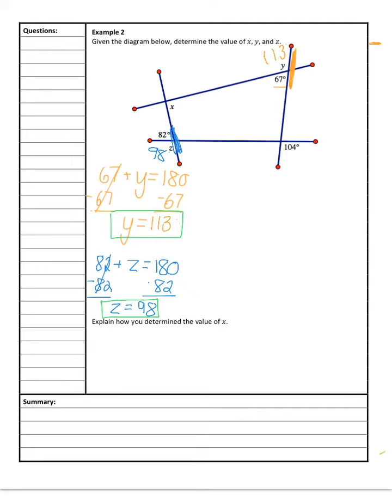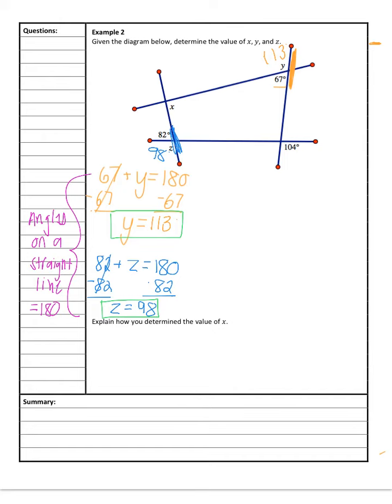And just for your notes, if you're someone that wants to reference them back, hopefully, which we will, these two ideas right here, those both came from angles. That should say angles on a straight line equal 180 degrees.